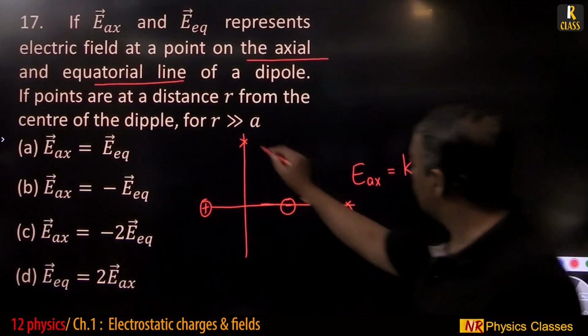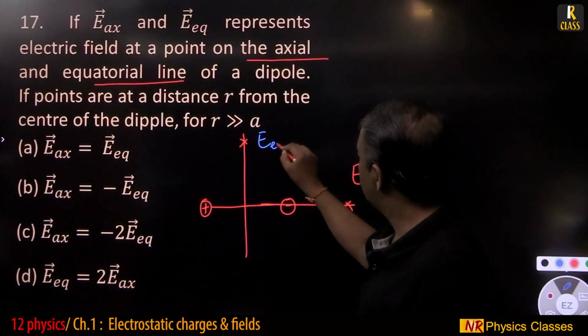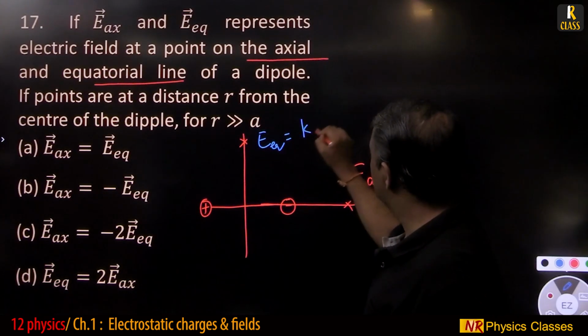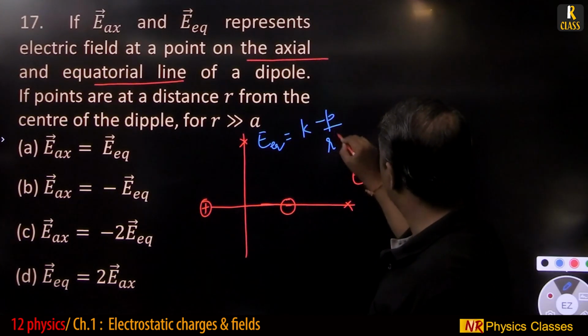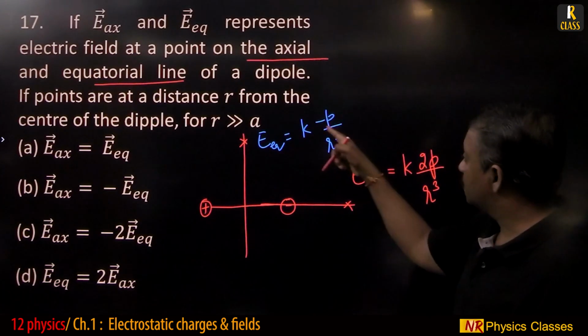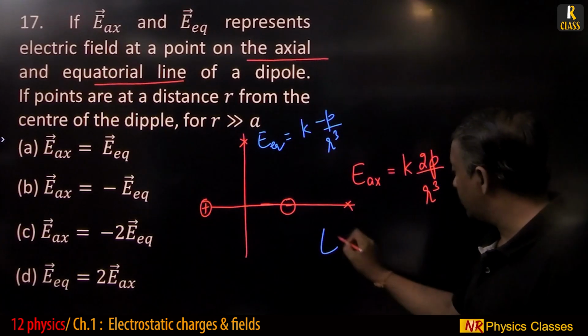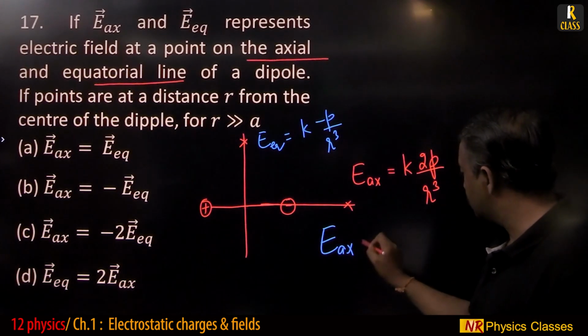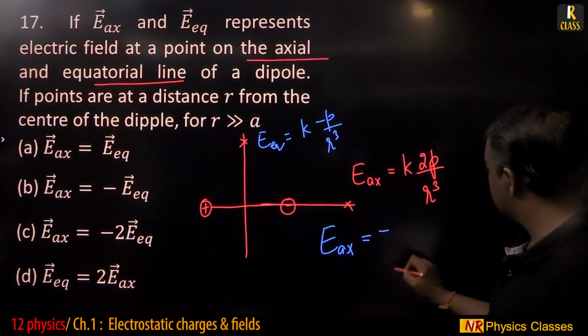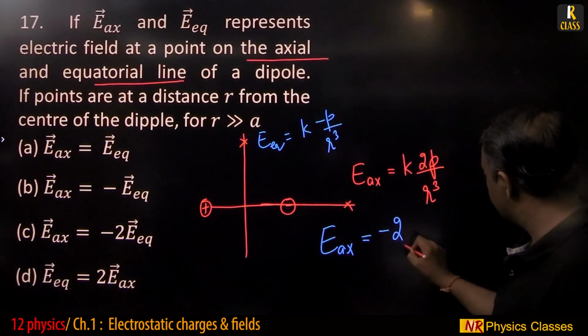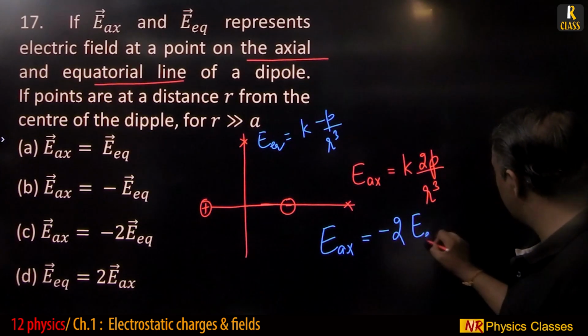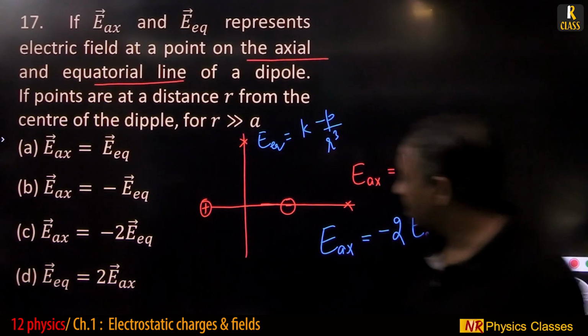At a point on the equatorial plane, constant times minus p by r cube. This is one time, this is two times. Therefore, the electric field at a point on the axis should be minus 2 times the electric field at a point on the equatorial, minus 2E.